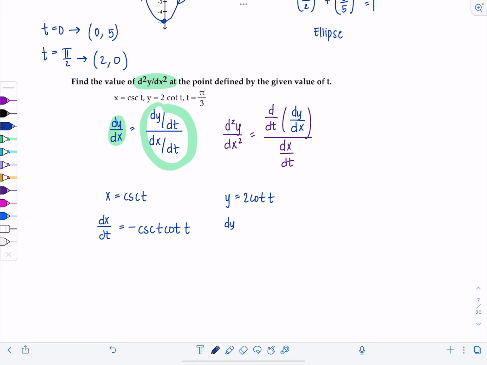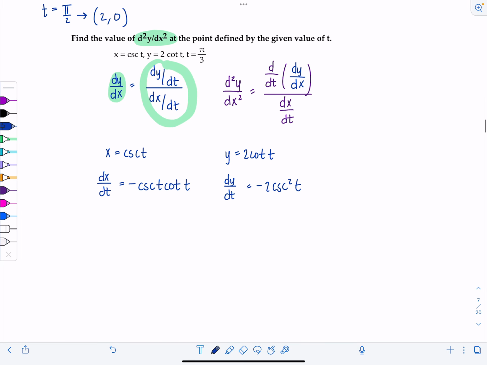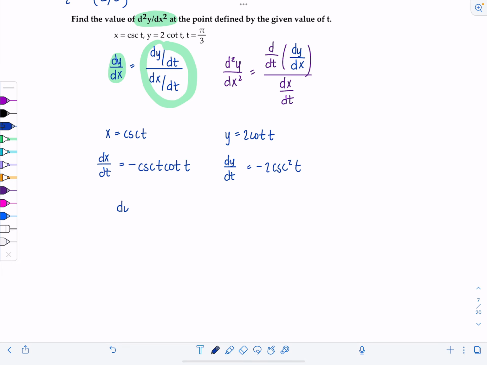So dy/dt is negative 2 cosecant squared t. Okay. So let's figure out dy/dx. It's just dy/dt over dx/dt. So negative 2 cosecant squared t over negative cosecant t cotangent t.